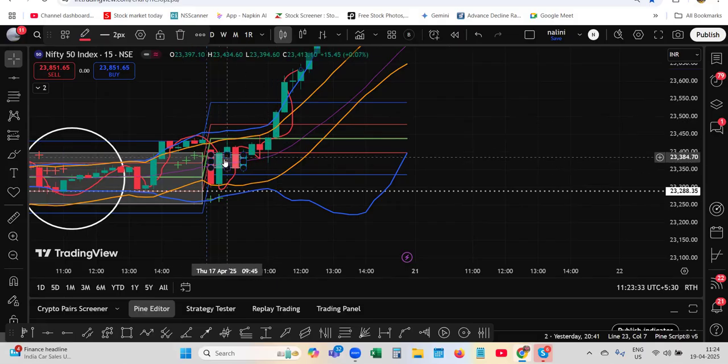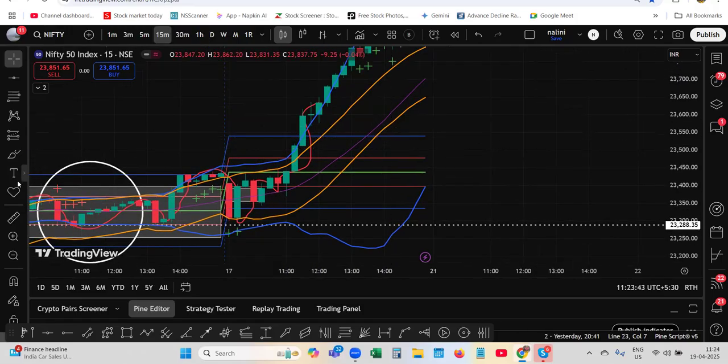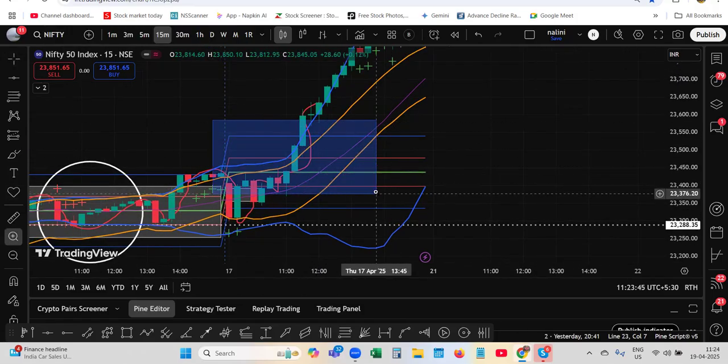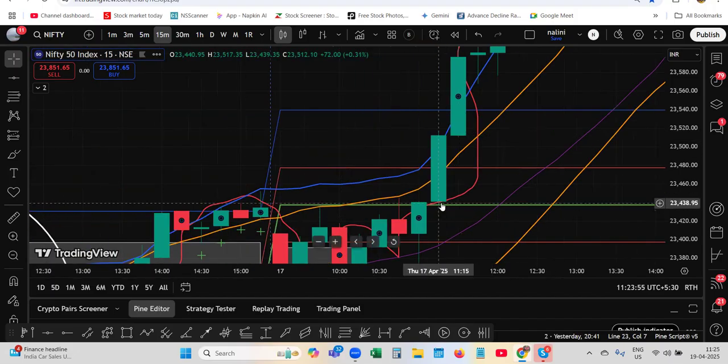Even though it dipped down below the median line, 180 degree for the present day, when it started moving above that, see the confirmation above the 180 degree, above the Keltner channel and above the Bollinger Band.